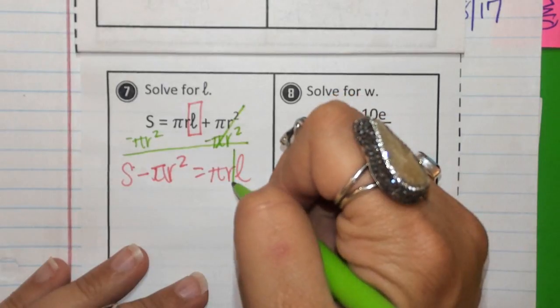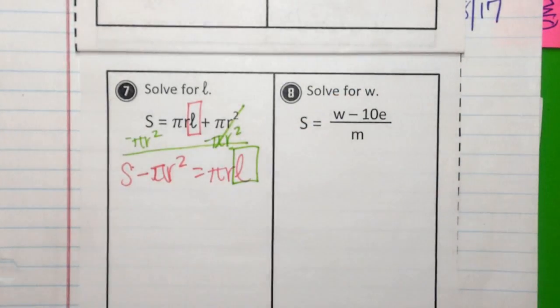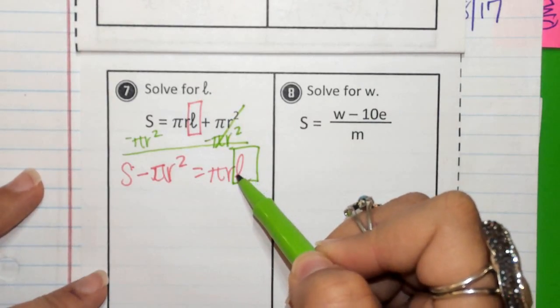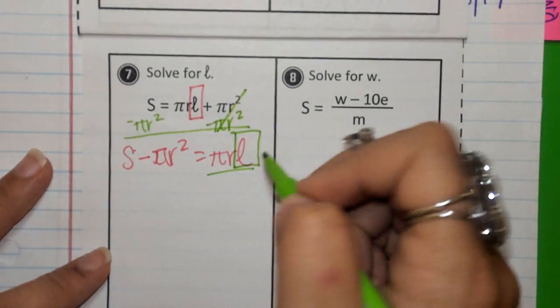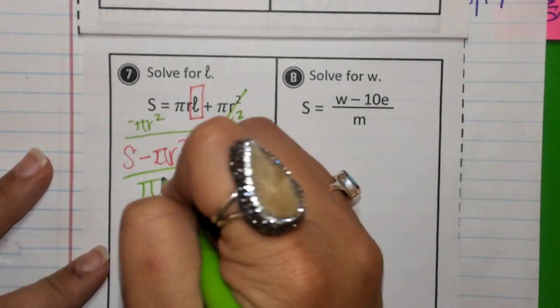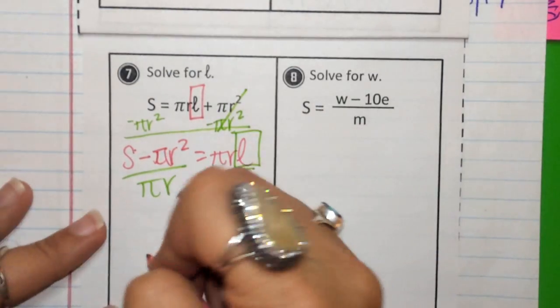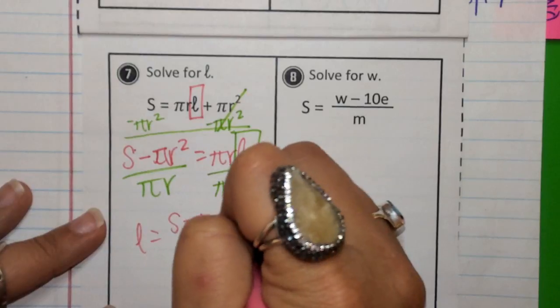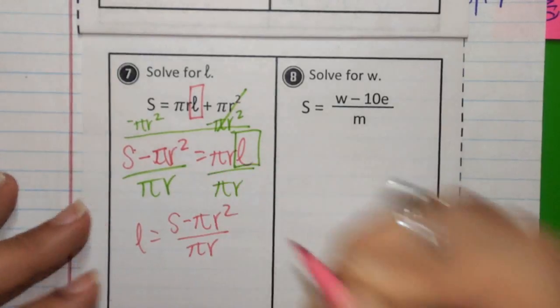So I need to put a force field around it. What would I do from here? I'm trying to get L by itself. It's pi times r times L. I would divide by what? Pi r. So then L equals S minus pi r squared divided by pi r.